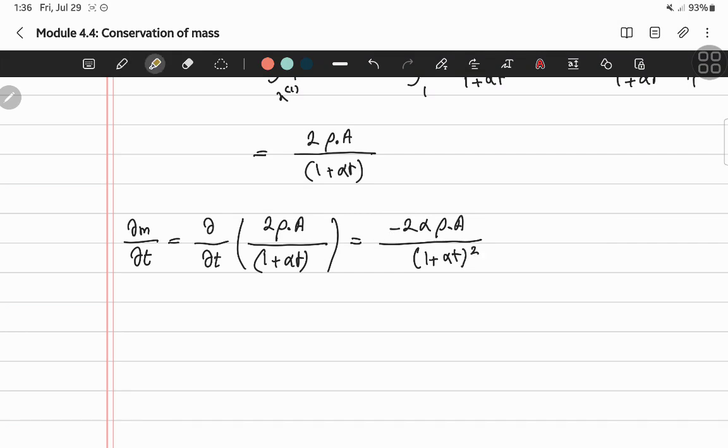And this shows an increase in mass because we have mass inflow, or mass influx, the mass enters. So we have this as the mass influx, or mass is increasing.